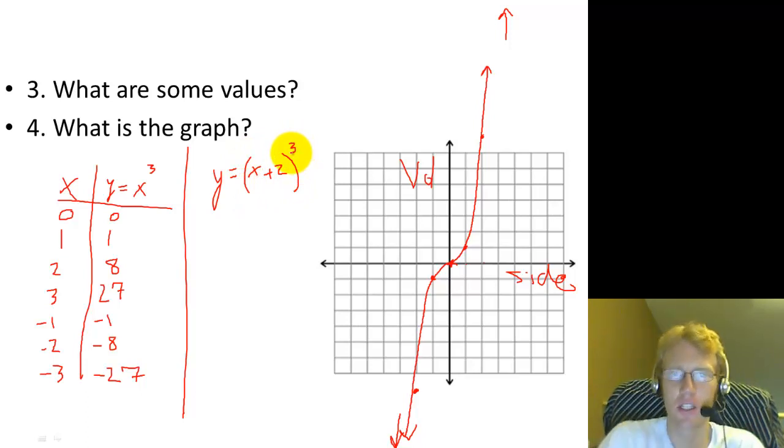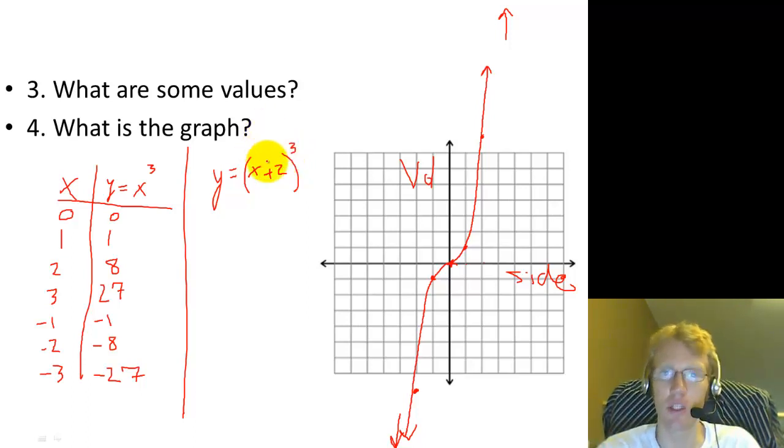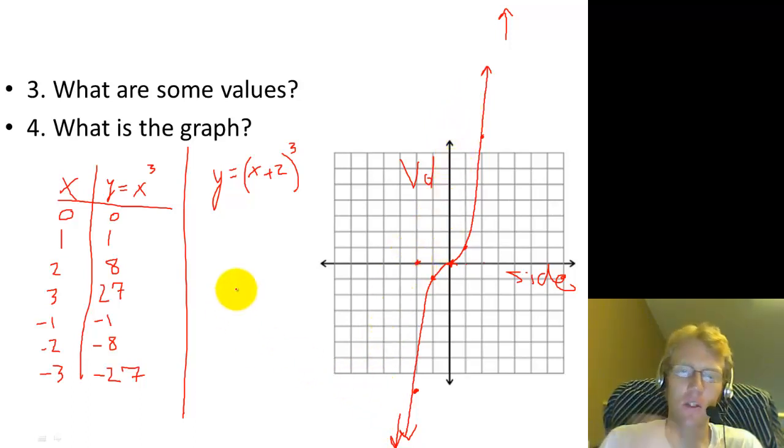All of the tricks that we learned in Chapter 8 for shifting graphs left and right or up and down or reflecting them or translating them, all those things still apply. So when we replace x with x plus 2, this just means we shifted the graph 2 units to the left. So I could take this exact same picture and slide it left 2 and start it from here, and it would look like this. Same graph, but it just shifted 2 to the left. Okay, so even though it's a new graph, you can apply all the things you learned before to this graph.